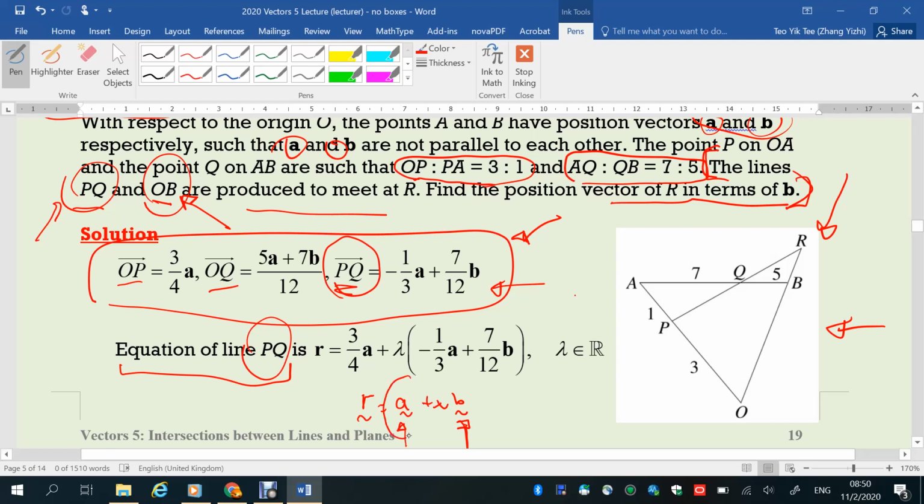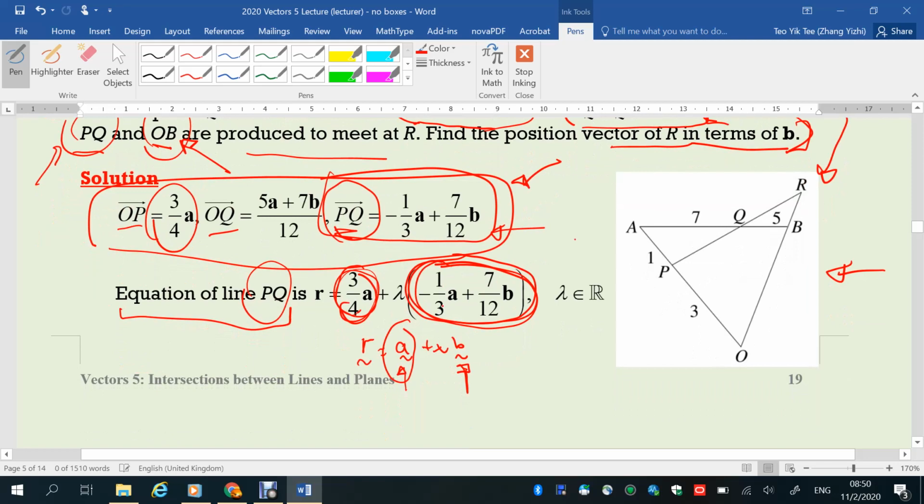For lecture purposes, I'm using OP. I need a direction. The direction of the line is in the direction of PQ, so I copy down this whole thing. So this is a plus lambda b: 1 point, 1 direction. This is your equation of the line PQ.